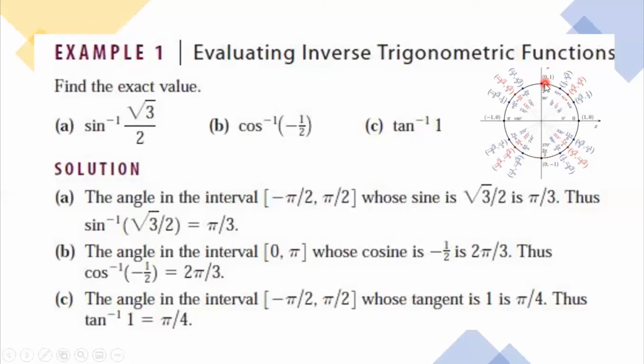Then, you look for an angle that is in between negative pi over 2 to pi over 2, whose tangent is 1. Meaning, if you have the y-coordinate, because by definition, tangent is y over x, you have the y-coordinate divided by x, it should be equal to 1.